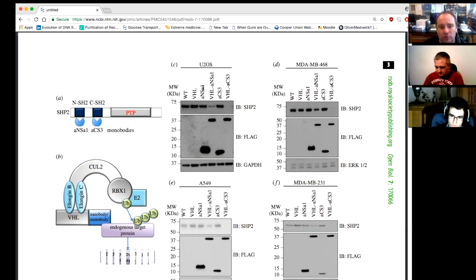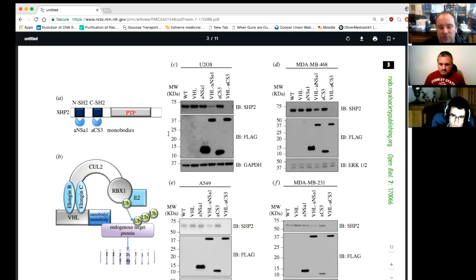So this just shows you that ANSA1, the VHL-ANSA1, the ACS3, and the VHL-ACS3 are being expressed in the cell, right? They don't have the VHL tag, so you're not going to pick that up. And you notice there's size differences. ANSA1 is small, and the ACS3 monobody is small, so they're hovering between 10 and 15 kilodaltons. When it's conjugated to VHL, the whole fusion protein is about 37 kilodaltons.